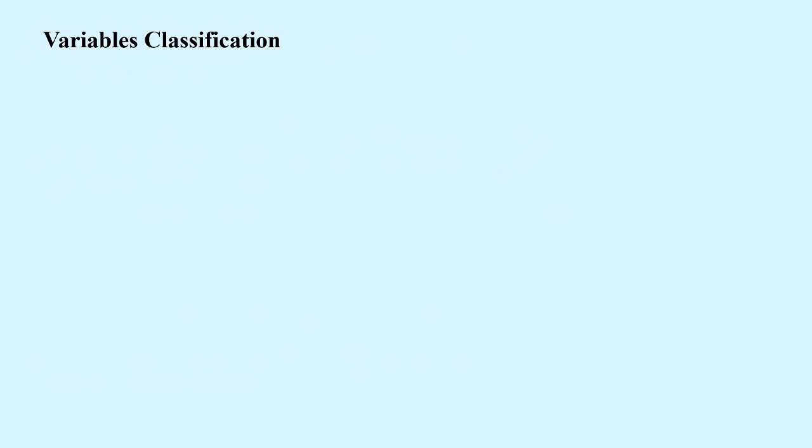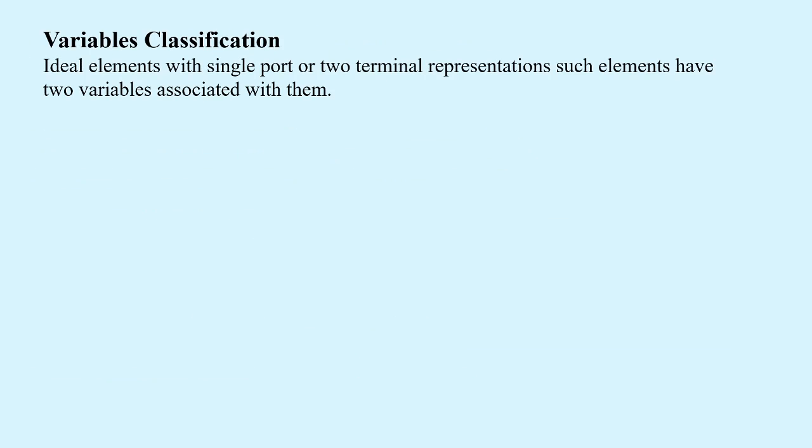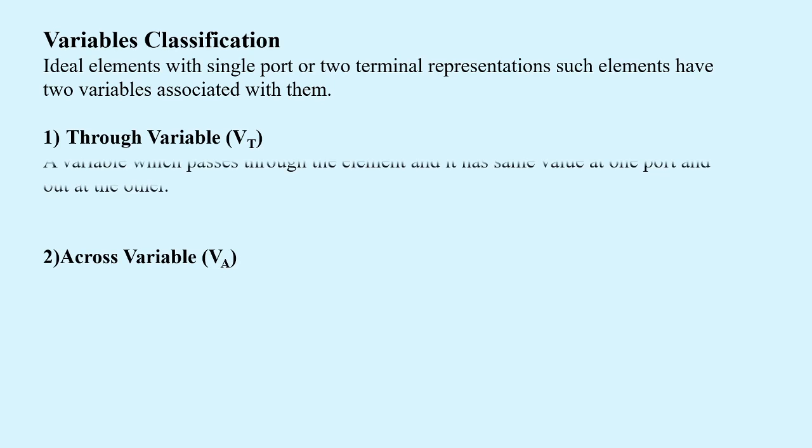Now here variable classification is mainly in two ways, through variable and across variable. Through variable means a variable which passes through the element and it has the same value at one port and at the other. That means, for example, current flowing through the circuit.